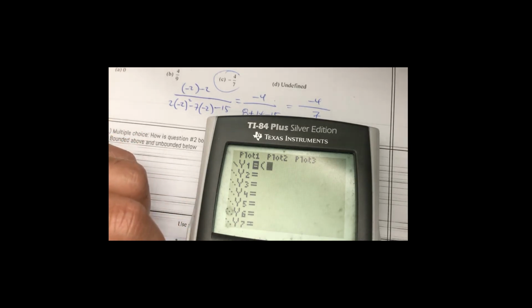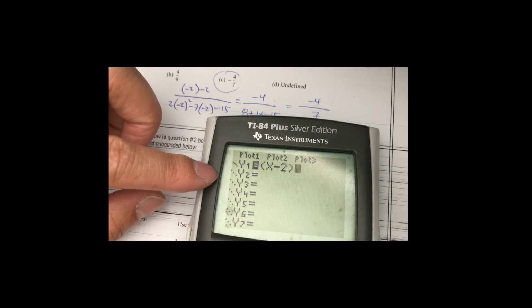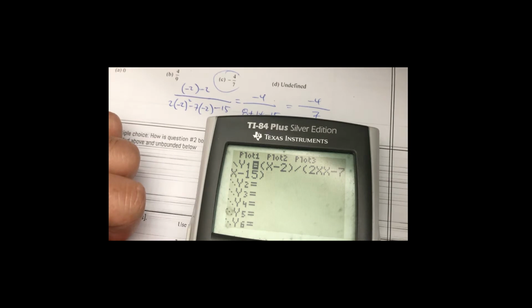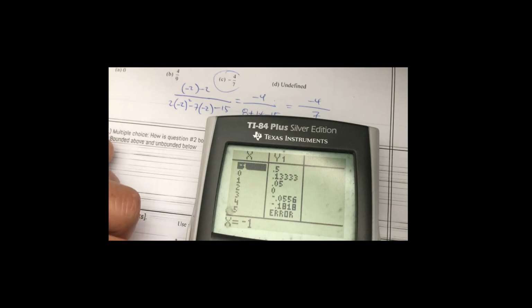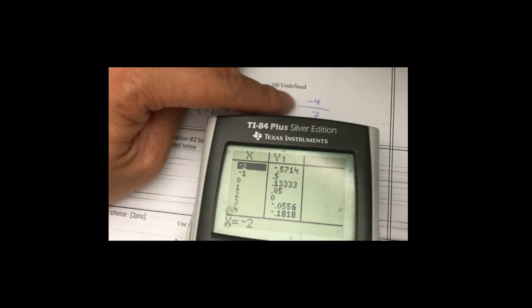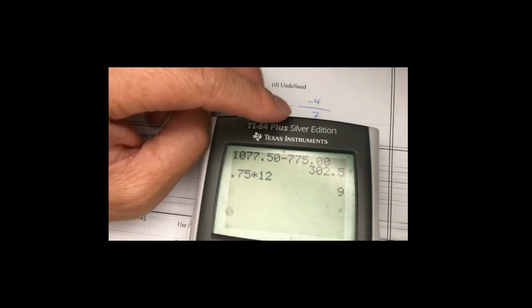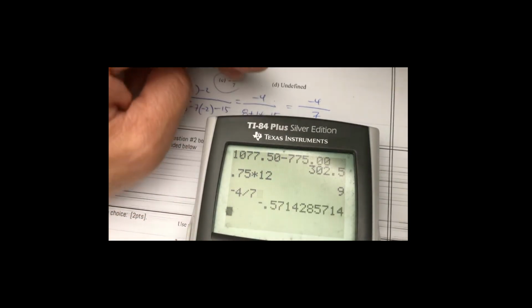That didn't work on ours, but so x minus 2 over 2x squared minus 7x minus 15, and then from here I'll just go to second graph, or get into my table, and I realize if I go to -2, I get -0.5714, and that was the number I was looking for. So you can even use your calculator to double check.